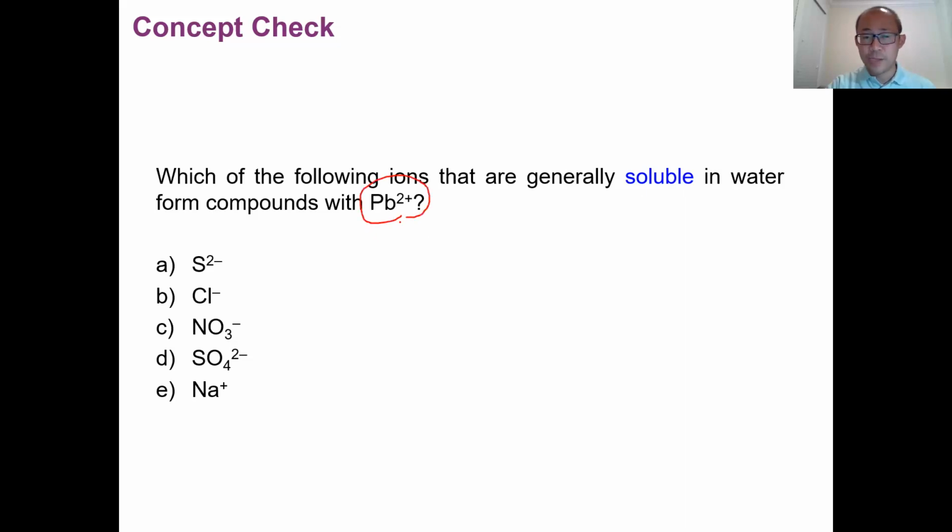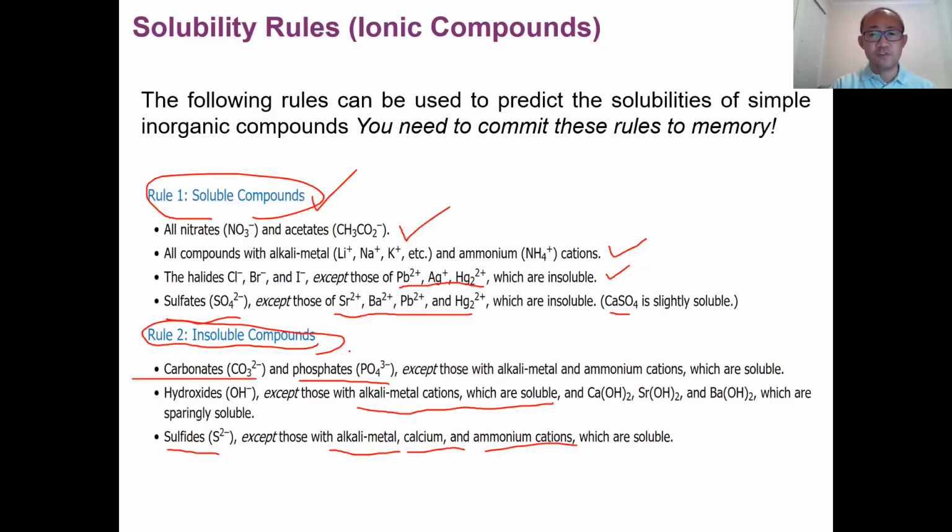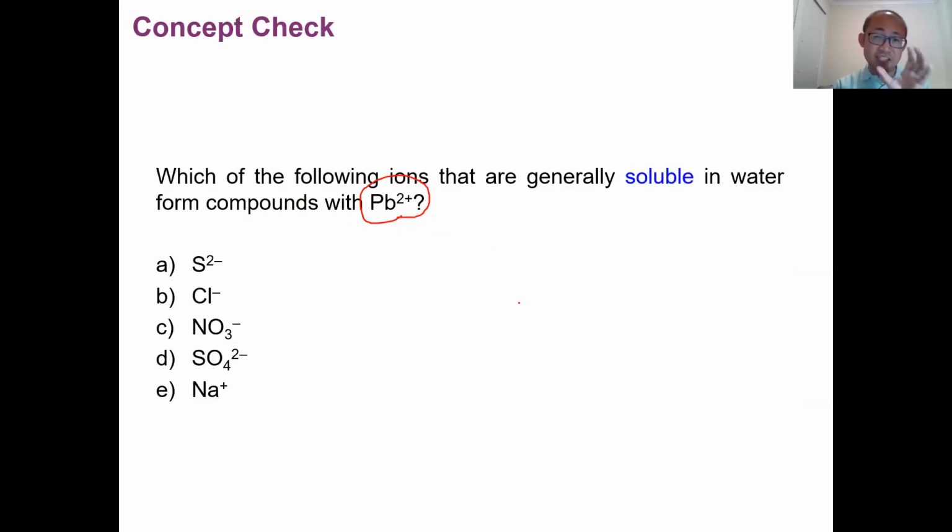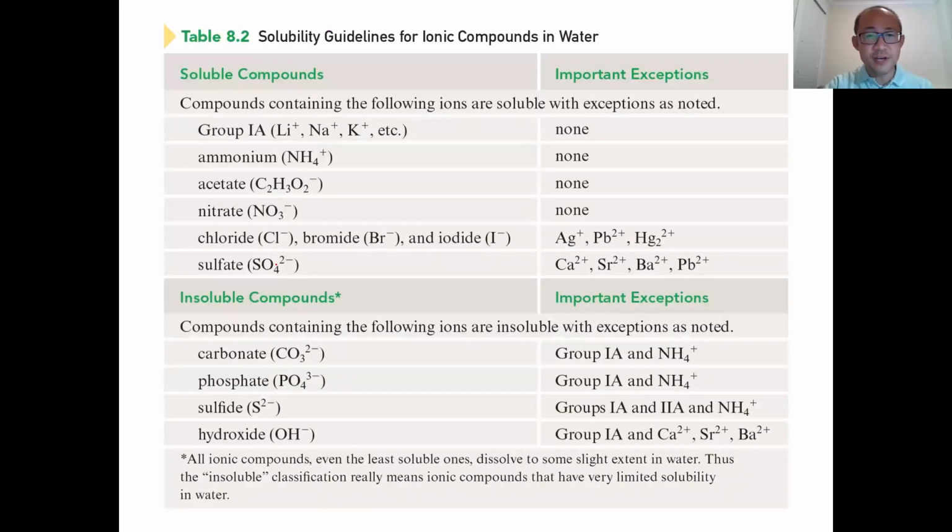with lead? Okay, with lead. We know lead normally, take a look, for soluble ones, lead are even exceptions. See that? The soluble ones are on top. And lead are exceptions. So if you want lead and still be soluble, you need something that is always soluble, which is nitrate.